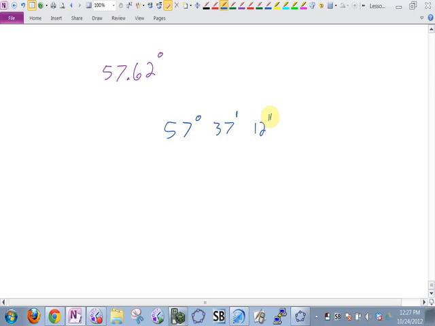So 57.62 degrees is called 57 degrees, 37 minutes, 12 seconds. How many minutes is exactly half of a degree? 30 minutes. So 37 minutes should be larger than half. 0.6, yeah, that makes sense. And then 12 seconds makes 57.62 degrees.